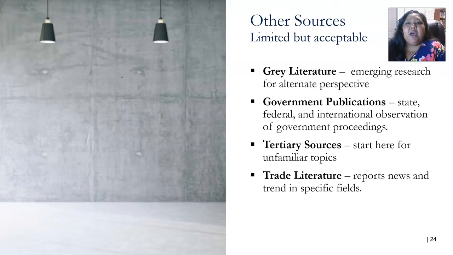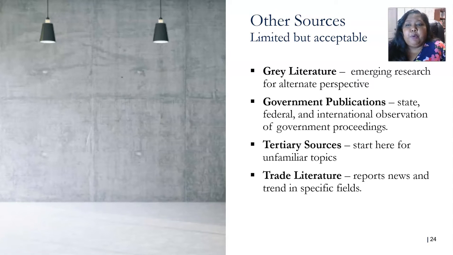Next, let's cover the other sources that aren't really a scholarly resource, but they're more than a popular source. These other sources are acceptable to use, but they should be more limited in comparison to the number of scholarly sources you use. Gray literature. This is material and research published by government, business, outside of typical academic publishing channels.